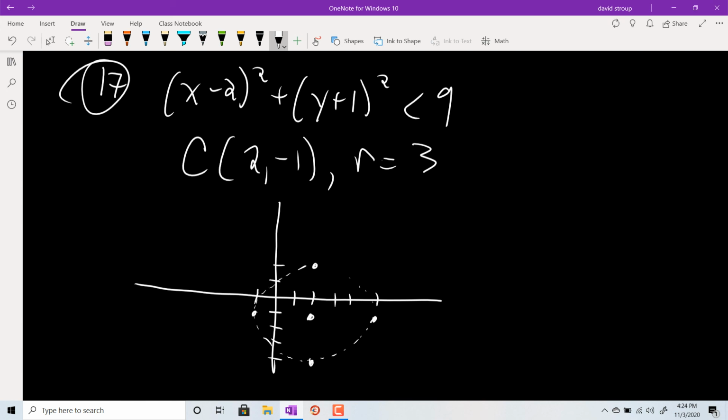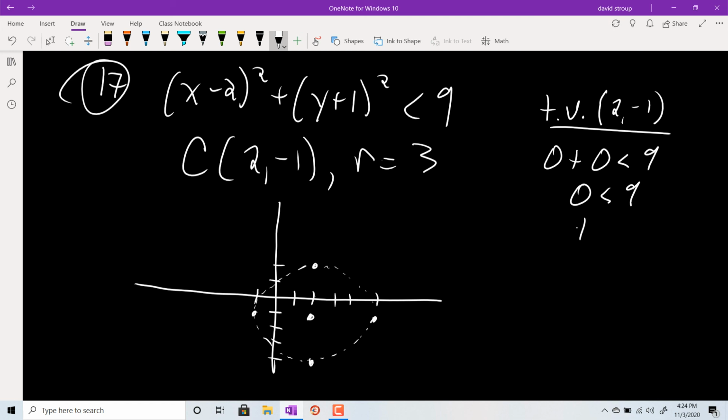For my test value, I generally just try the center, 2, negative 1, because that will make the stuff on the left equal to 0. 2 minus 2 is 0, 0 squared is 0. Negative 1 plus 1 is 0, 0 squared is 0. And then we're seeing if that's less than 9.